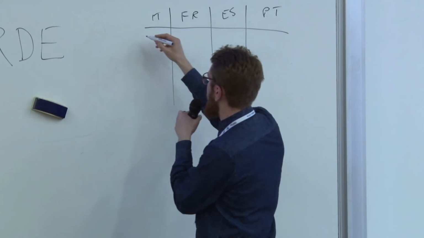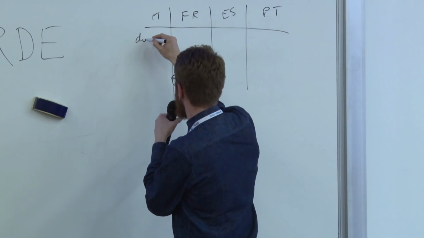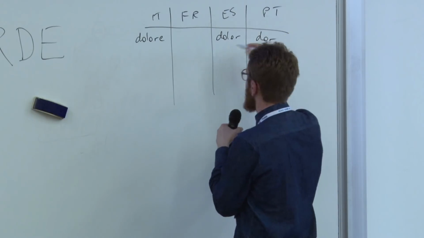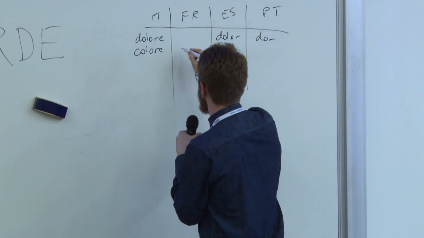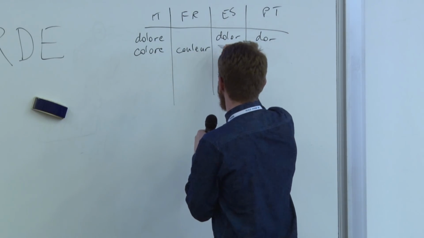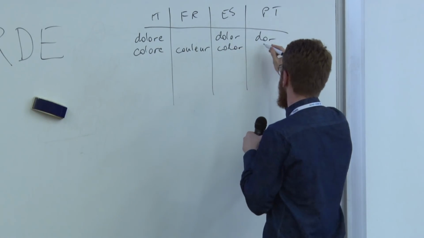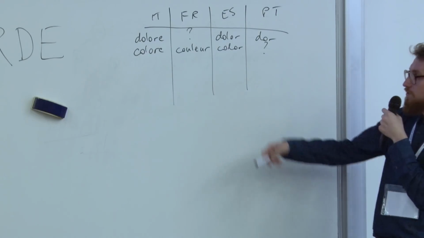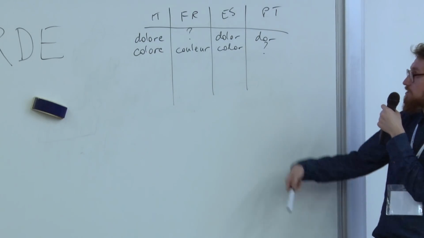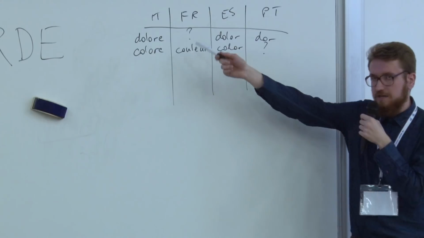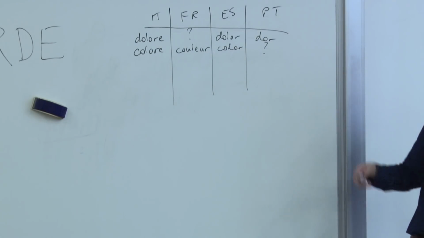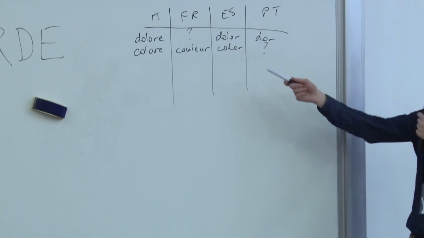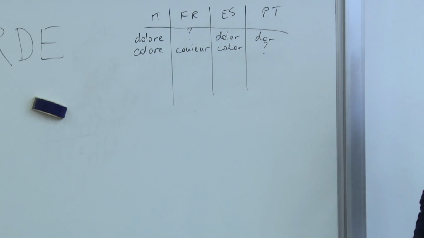So the word for pain is dolore in Italian, dolor in Spanish, dor in Portuguese. The word for color is colore in Italian, couleur in French, color in Spanish.